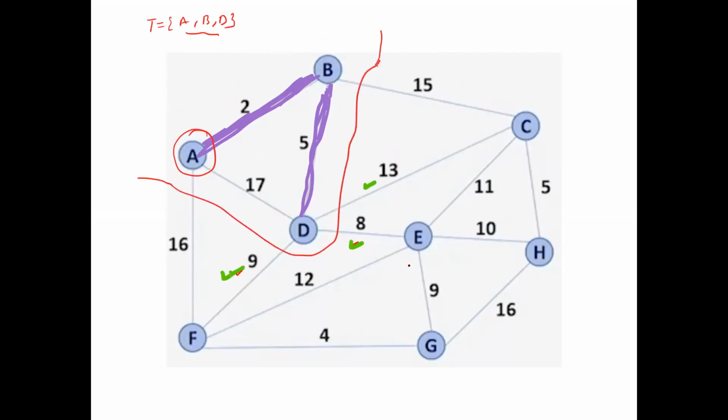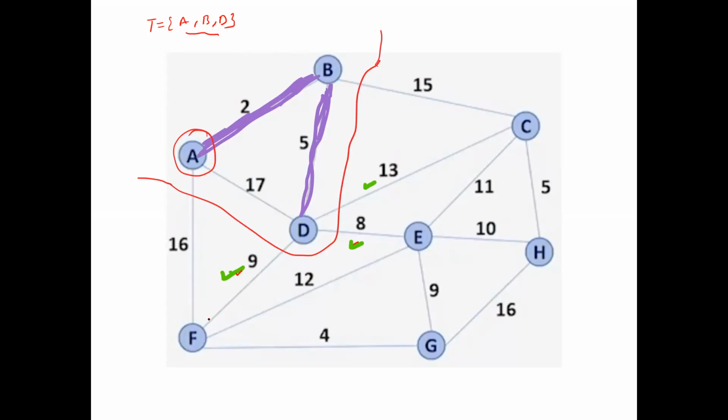Moving further, you can draw this partition between the vertices A, B, D and the remaining vertices. In this partition, if you carefully scan, for the vertex F there are two edges going to the partition containing A, B, D. One is edge AF, another is edge DF.